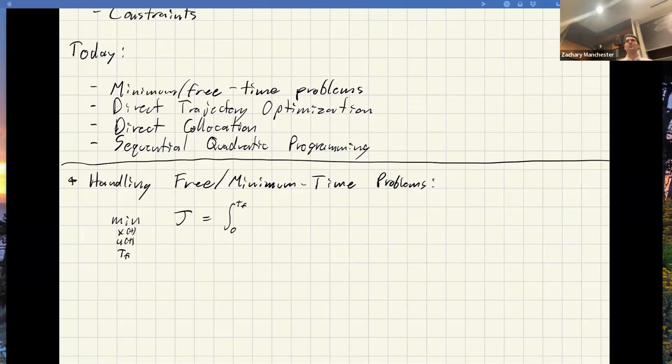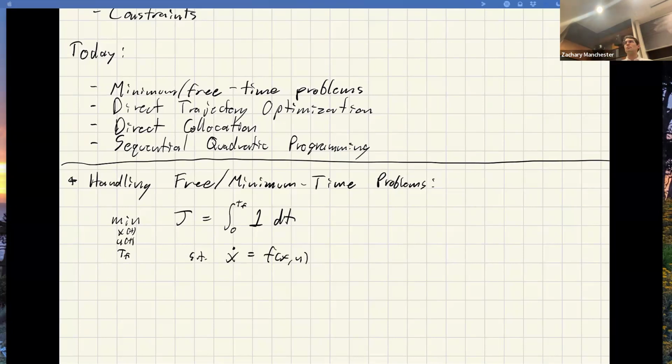what goes inside the integral? What's my little L? I wanted to integrate up to t final, right? 1, exactly. Yeah, so it's kind of funny, right? So 1 dt, that's the cost function for a min time problem. Okay, and then we've got the usual stuff. So we've got our dynamics constraints.